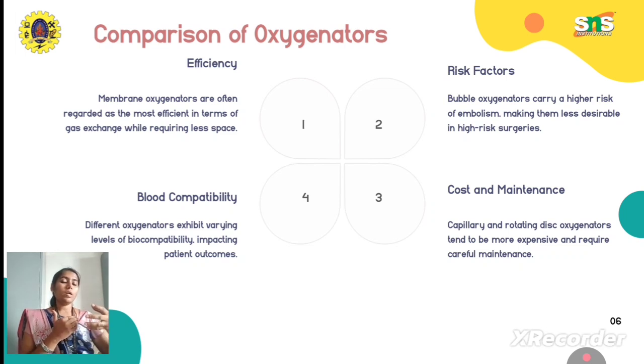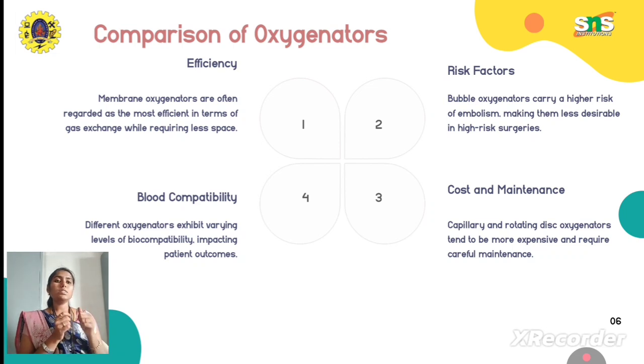We have to look into the blood compatibility factors very seriously when designing the oxygenator. Without any compromise we have to look at this particular characteristic, as it will have a great impact on patient outcomes.